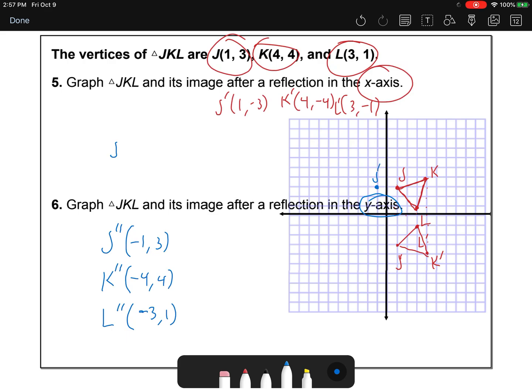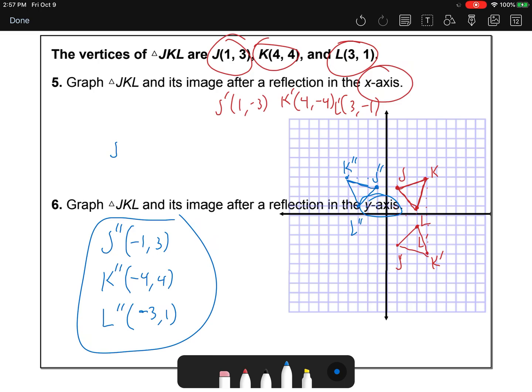Well, if I reflect this on the y-axis, J double prime should be there. K double prime should be 4 over 1, 2, 3, 4 at the same depth. And L double prime should be 3, 1, 2, 3. Can't really see that, I apologize. I thought I cleaned this up, I guess I didn't. So are those points coincidental with those?